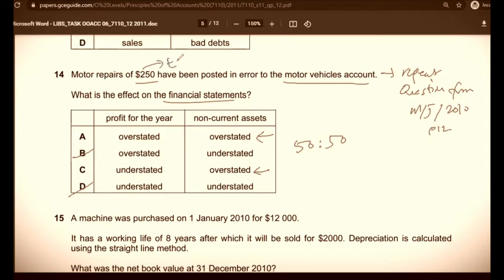Therefore, my profit would be overstated. So the correct answer to multiple choice 14 would be option A, because option C says profit for the year would be understated, which is not true. So the correct answer to multiple choice 14 would be option A.